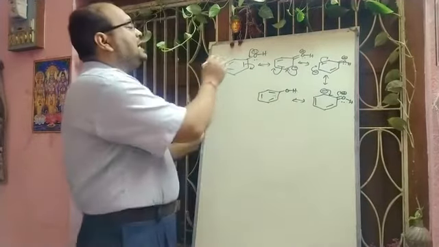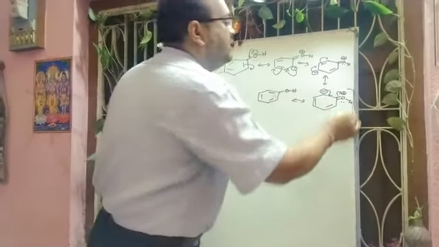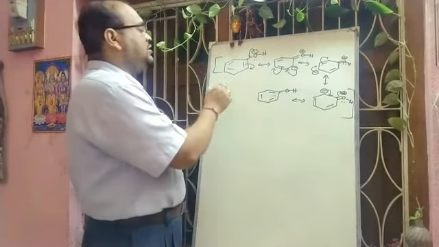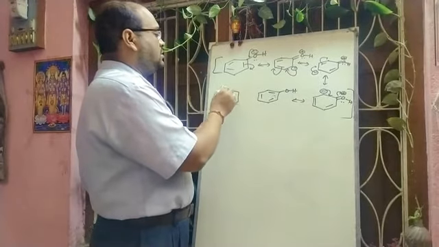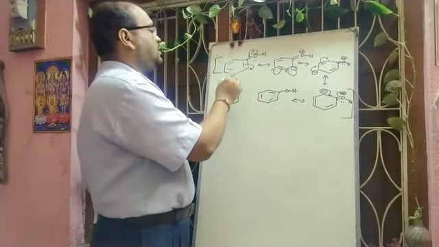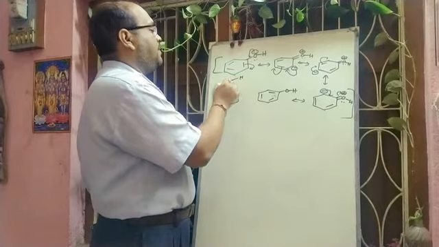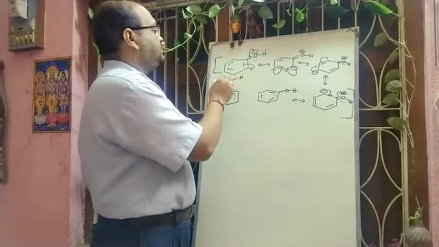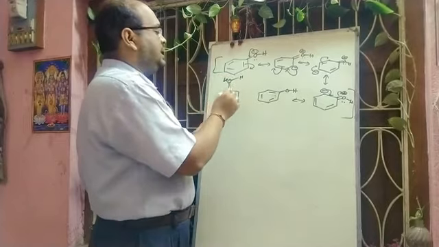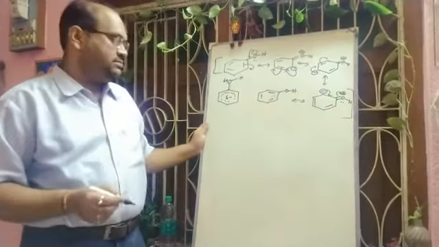So these are the canonical structures, the resonating structures. The actual structure will be the resonance hybrid. And here it will be delta positive, and inside this is delta negative. The negative charge is rotating.